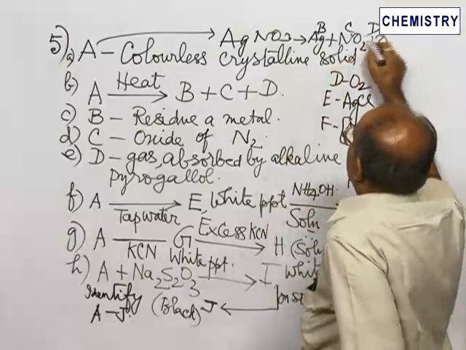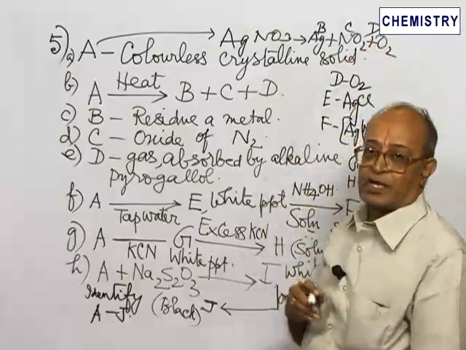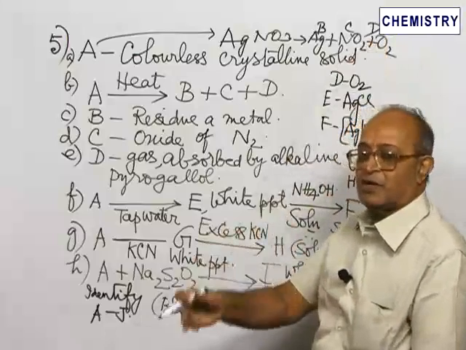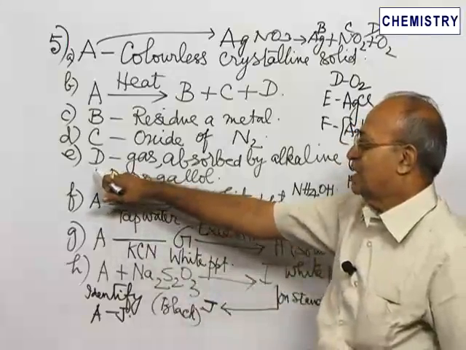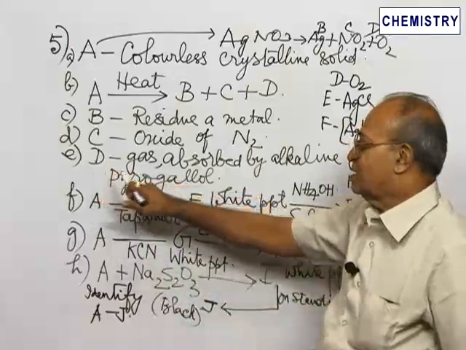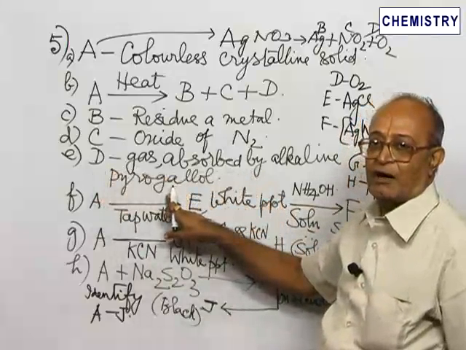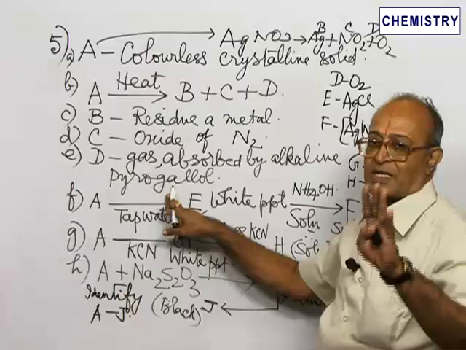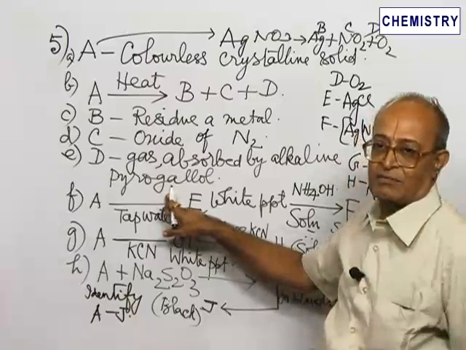What about D? D is oxygen. How do you know that it is oxygen? Of course, AgNO3 on heating gives oxygen, but here is a clue. Gas D is absorbed by alkaline pyrogallol. So the gas that is absorbed by alkaline pyrogallol is oxygen.